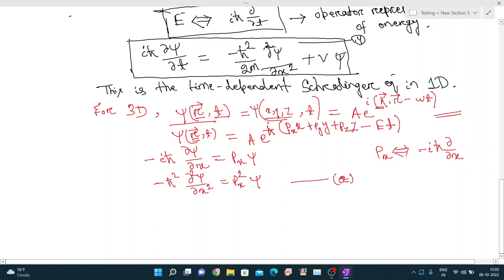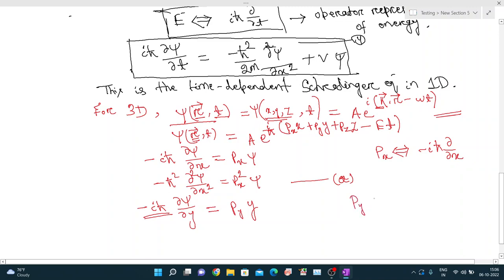First we get minus i h cross del psi over del y, equal to py psi, as we did for the one dimensional case.